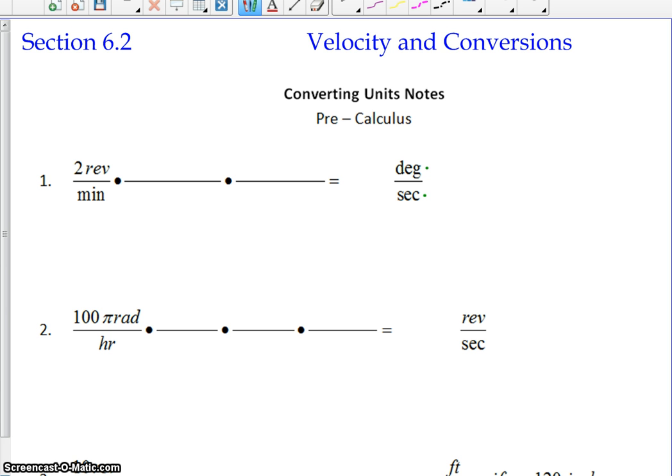All right, and how do we turn revolutions per minute into degrees per second? Well, what we do is we look at one at a time, meaning I want to first focus on how I can turn revolutions into degrees. That's all I'm going to focus on.